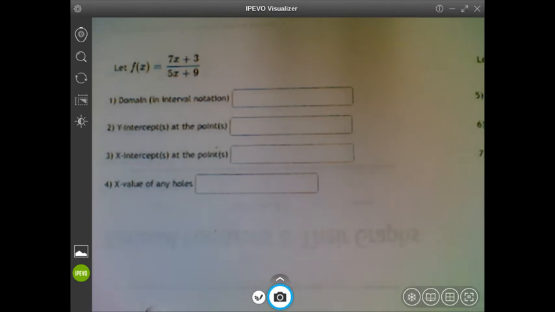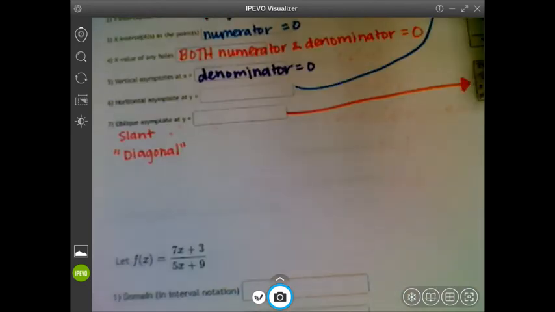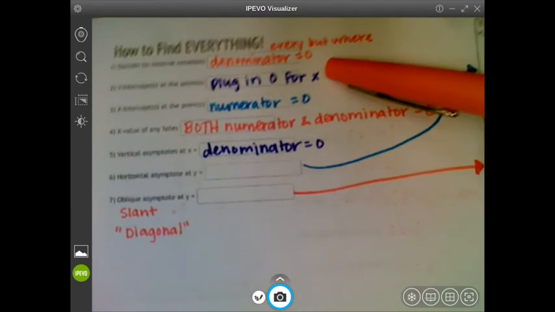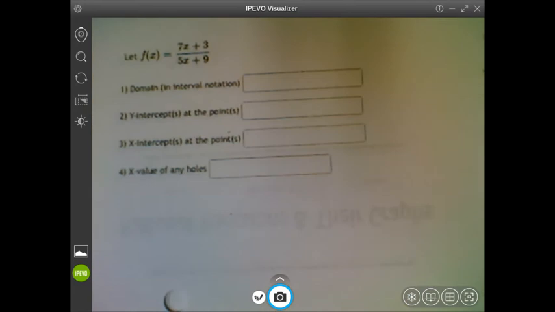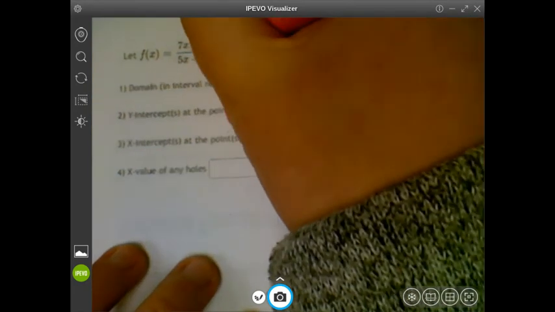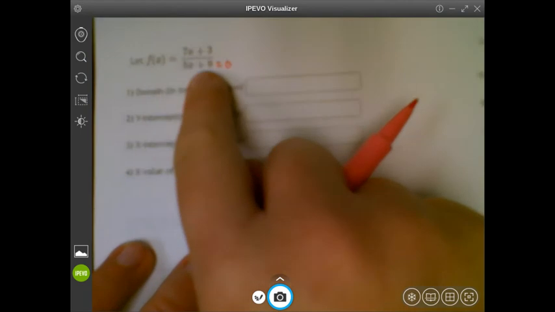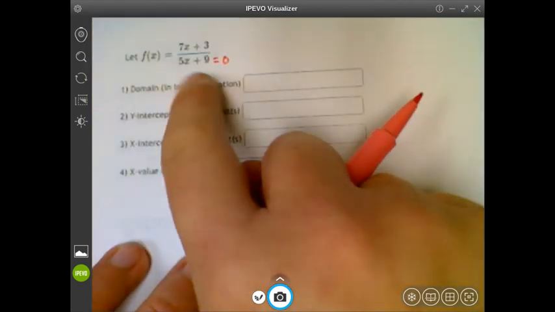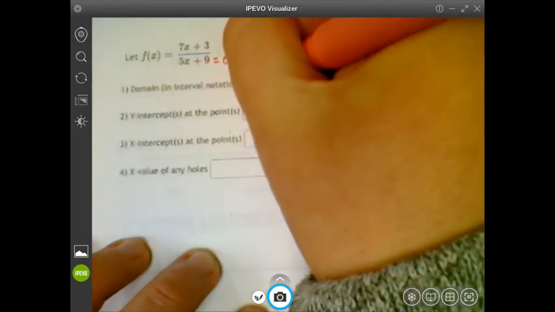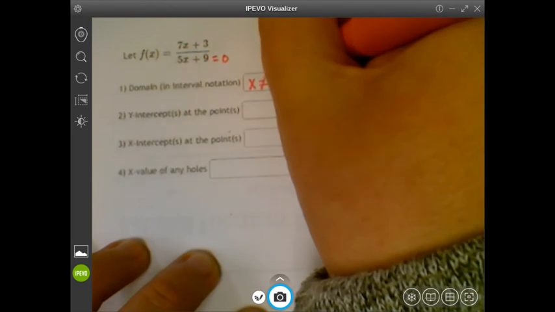All right, so your domain, if you go back up, is everywhere but where the denominator is equal to 0. So for the domain, we need to figure out what makes the denominator equal to 0. This shouldn't be that hard because this is just a linear function. You would subtract 9, divide by 5. So we would say x cannot be negative 9 over 5.